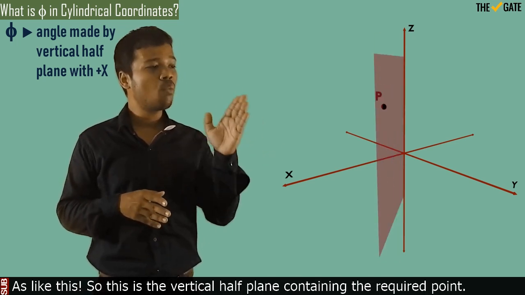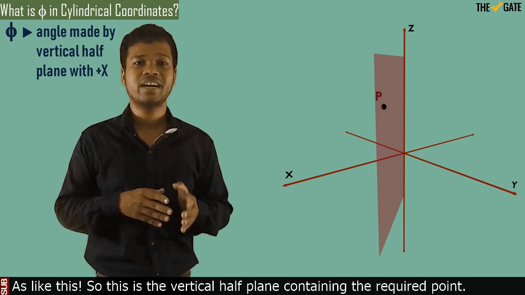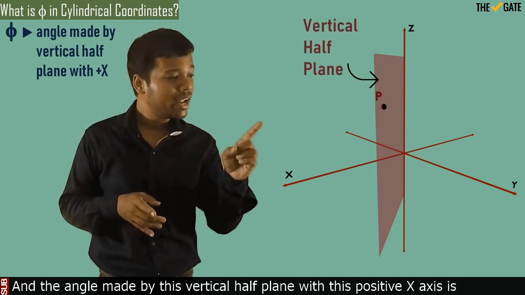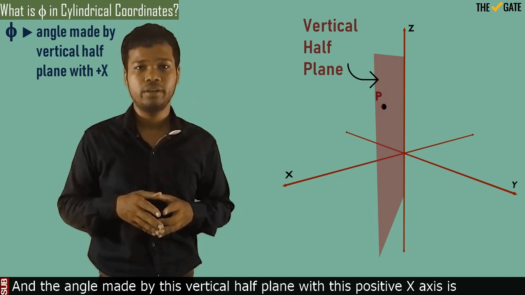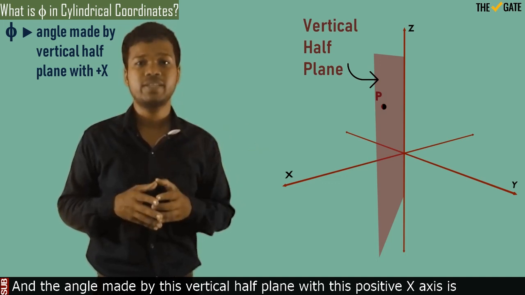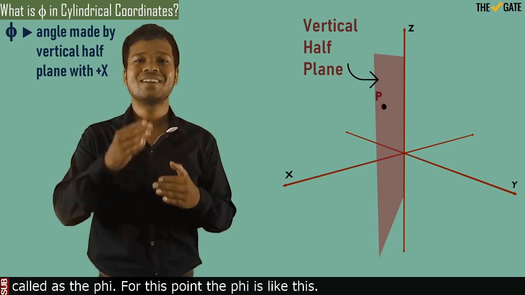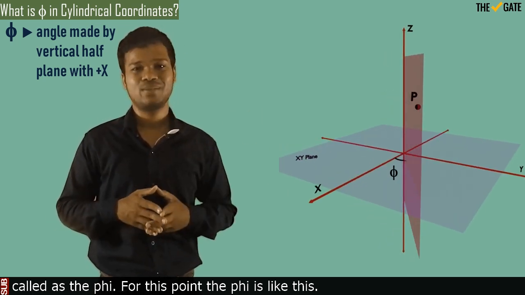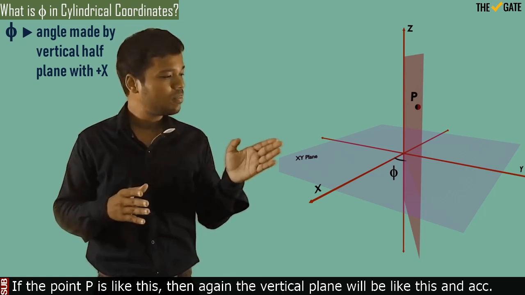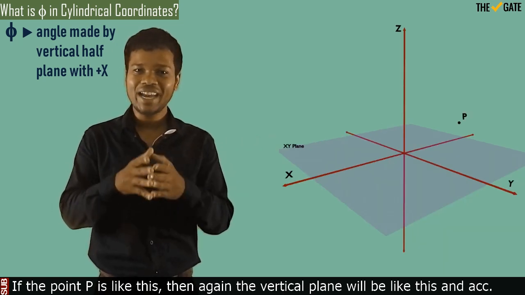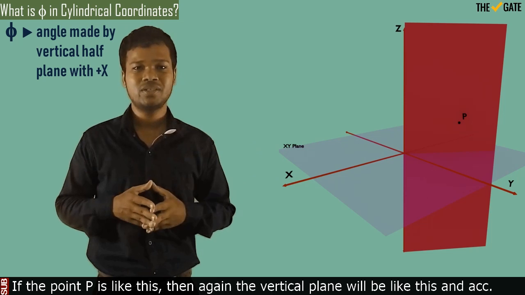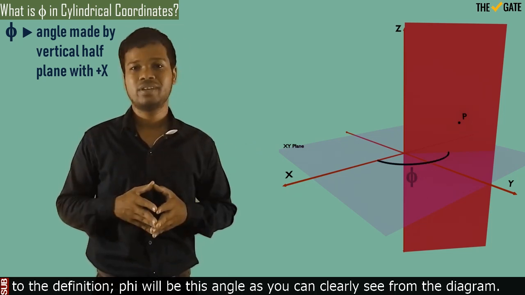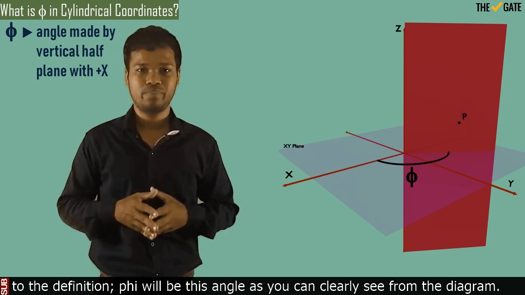So this is the vertical half plane containing the required point, and the angle made by this vertical half plane with this positive x-axis is called phi. So for this point, the phi is like this. If the point P is like this, then again the vertical plane will be like this, and according to the definition, phi will be this angle, as you can clearly see from the diagram.